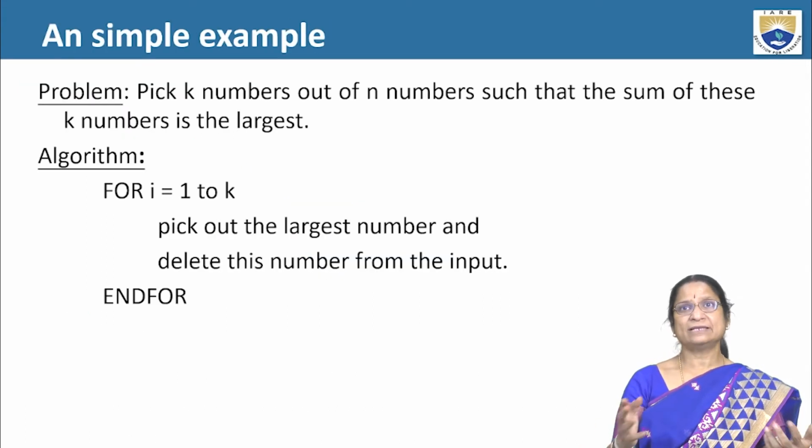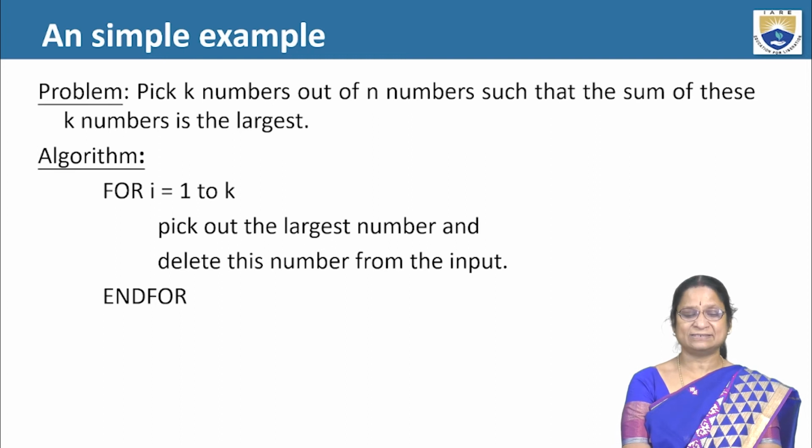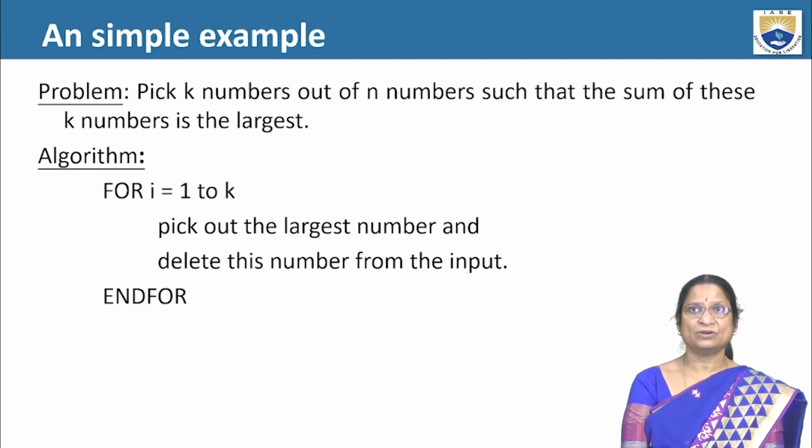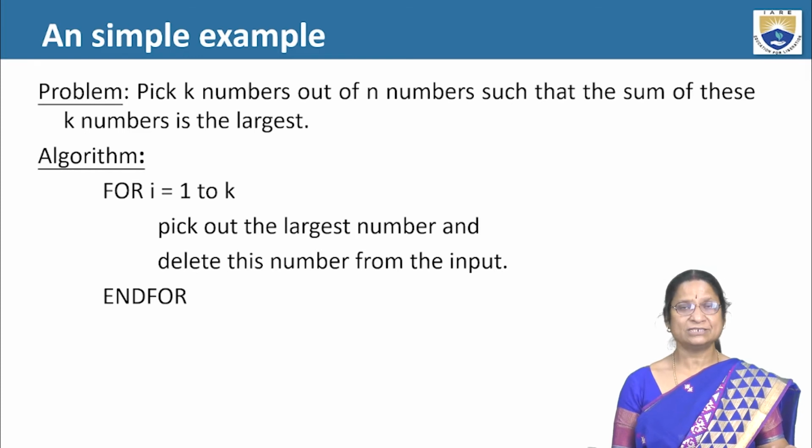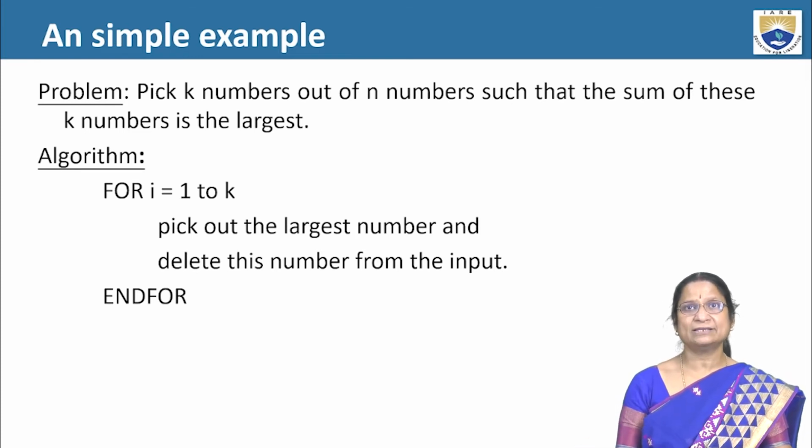Some small, normal examples we will see first. The problem is to pick k numbers out of n numbers such that the sum of these k numbers is the largest. That means we have to calculate the sum of the k numbers. For example, 10 elements are there, and we have to select among them 5 elements such that their sum is the largest.